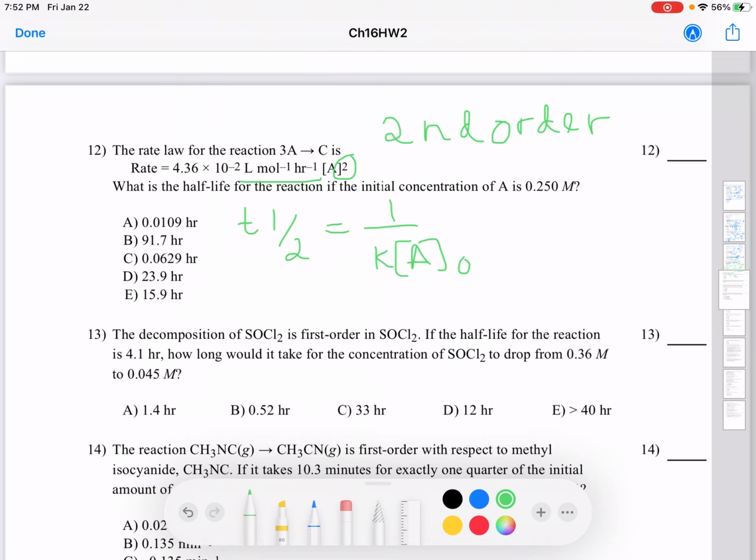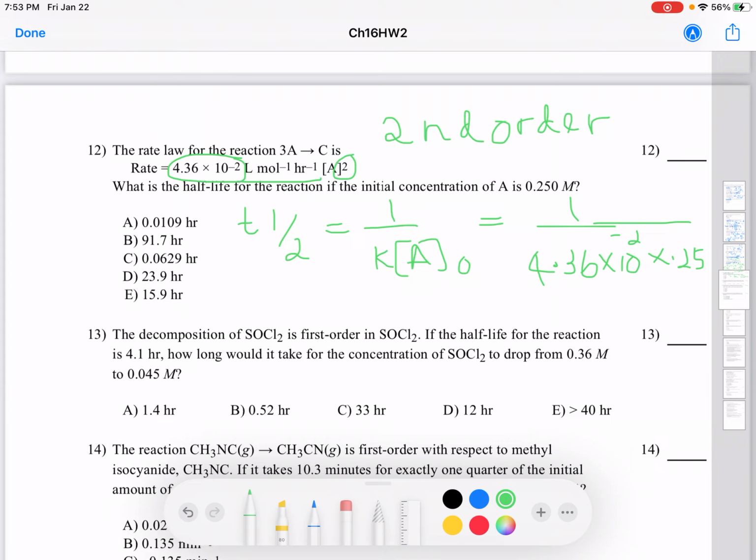The rate is given like this. So this is the rate constant, 4.36 times 10 to the negative 2, times initial concentration 0.25. 1 over this one, so that's going to be your t half.